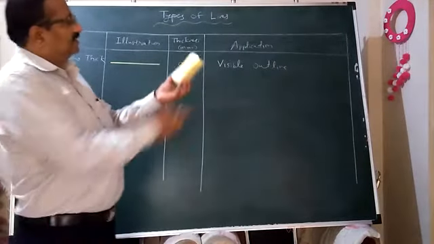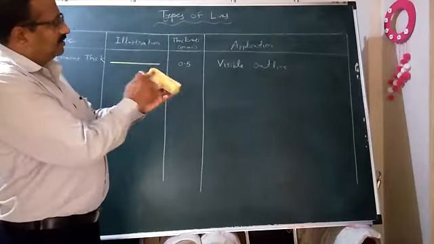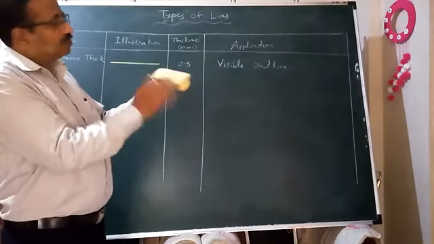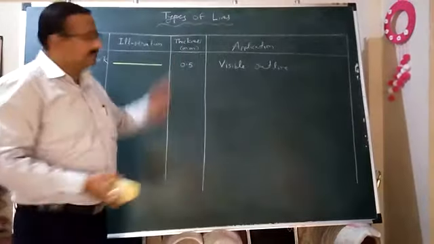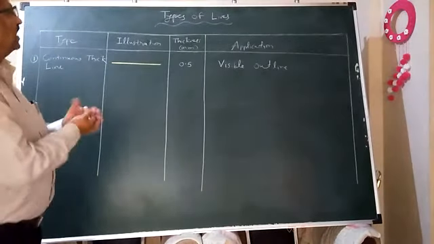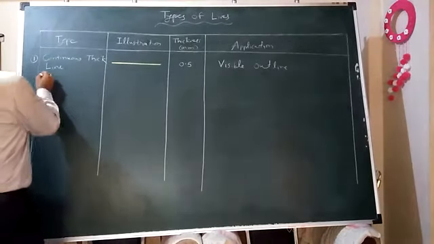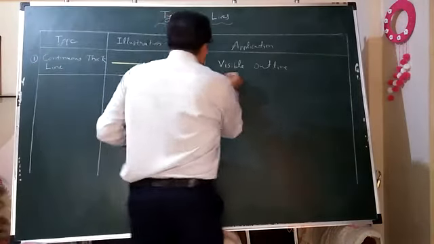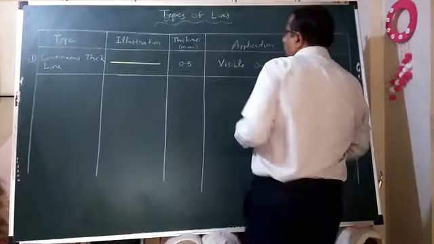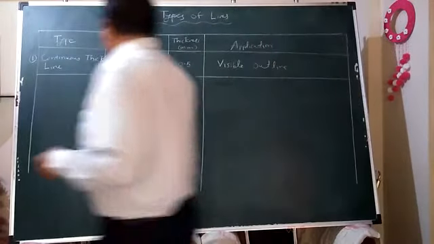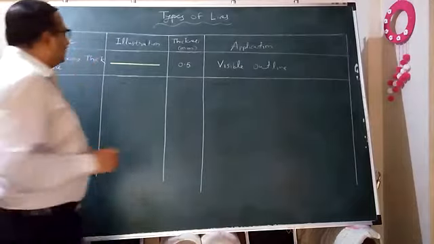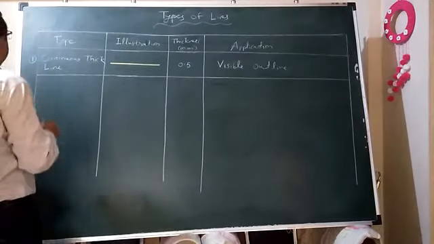Suppose we have to construct this duster. All these corners should be shown by using such a thick line. This is its application. This is all about the first kind of line, the continuous thick line. One common application is visible outline. In order to show the visible outline of the object or any view, we should use that continuous thick line.